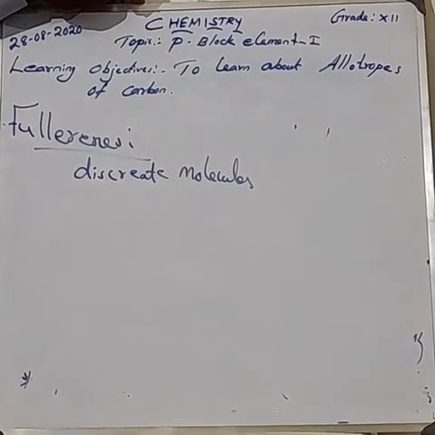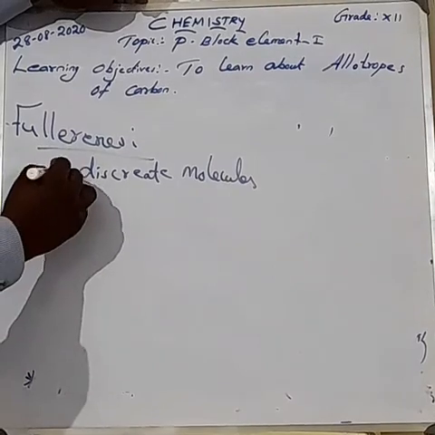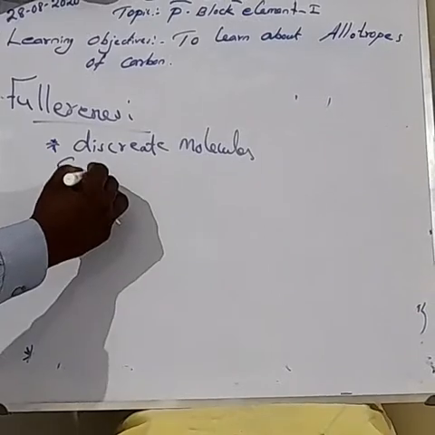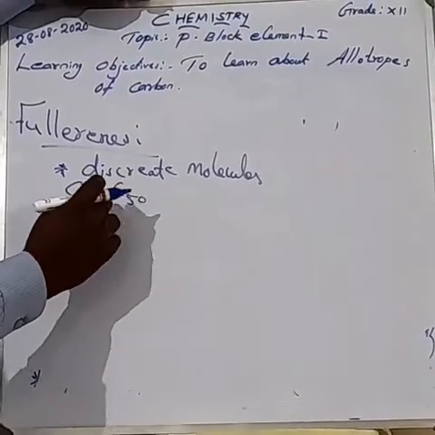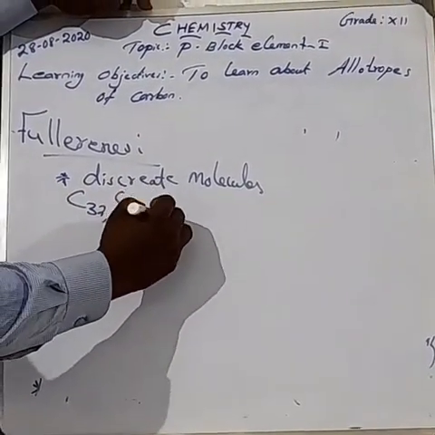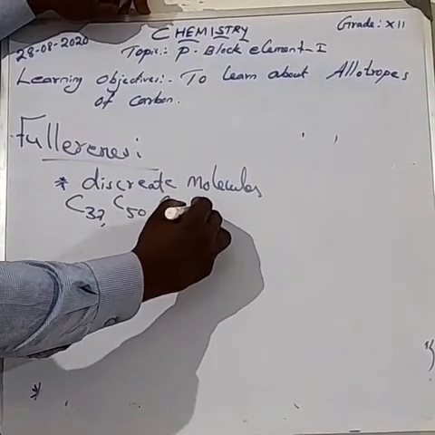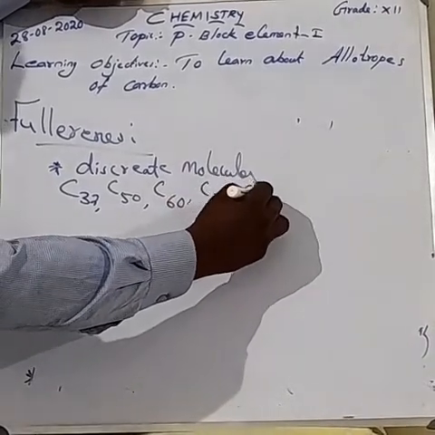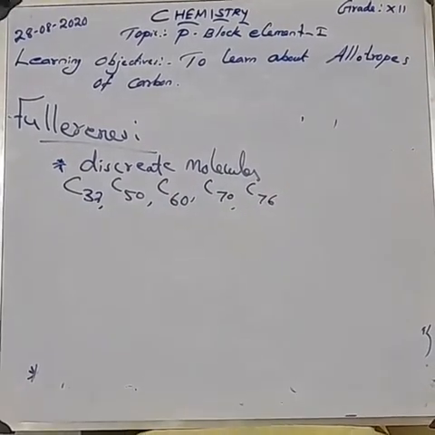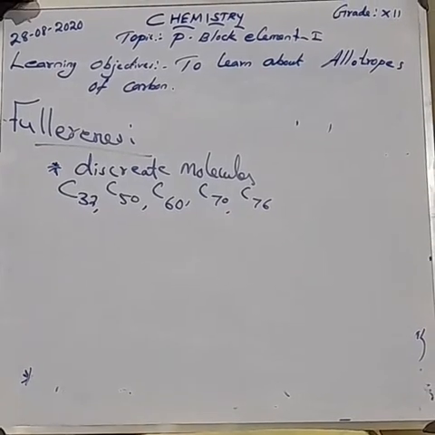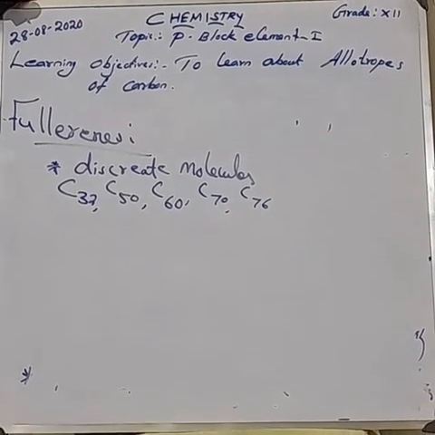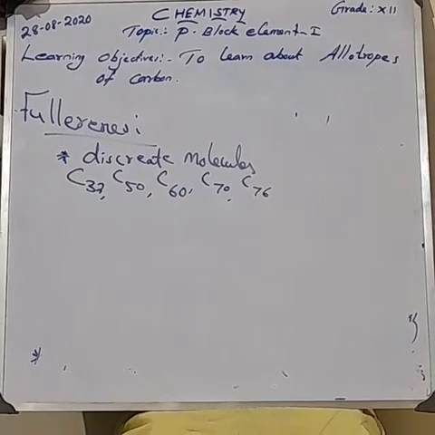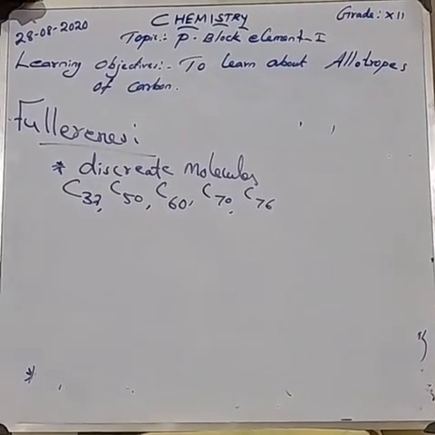There are some varieties: carbon 32, carbon 50, carbon 60, carbon 70, and carbon 76. These are some molecules included in the fullerenes. They are discrete molecules.